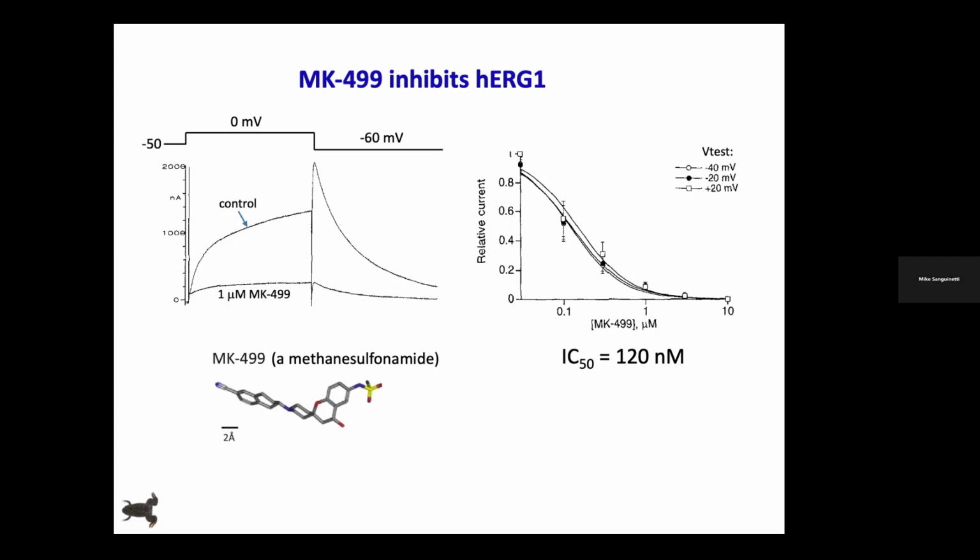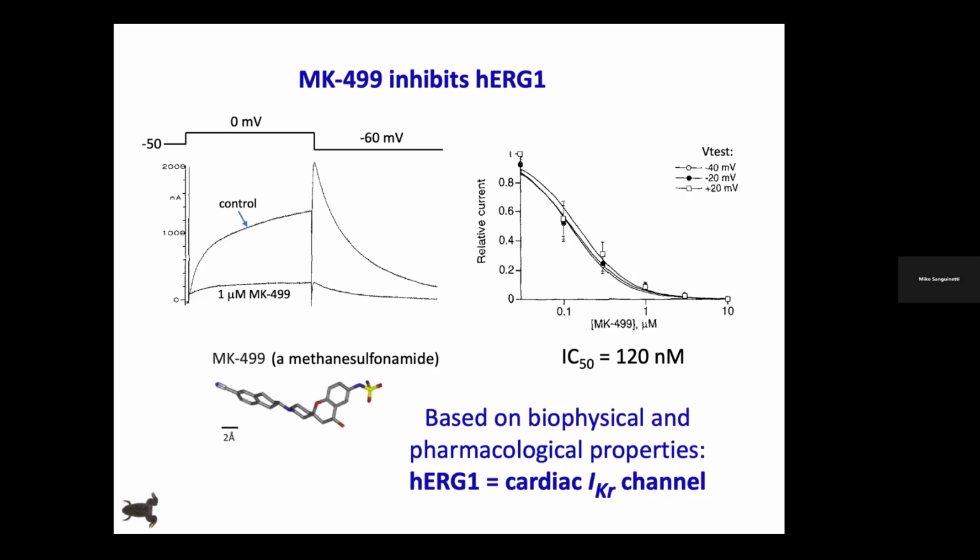In mammalian cells, it's more like 10 nanomolar, but oocytes have yolk inside, and drug tends to accumulate in this lipid phase, so you always have a higher IC50 in oocytes compared to myocytes. So based on physiological, biophysical, and pharmacological properties, we therefore decided that HERG equals the cardiac IKR channel.